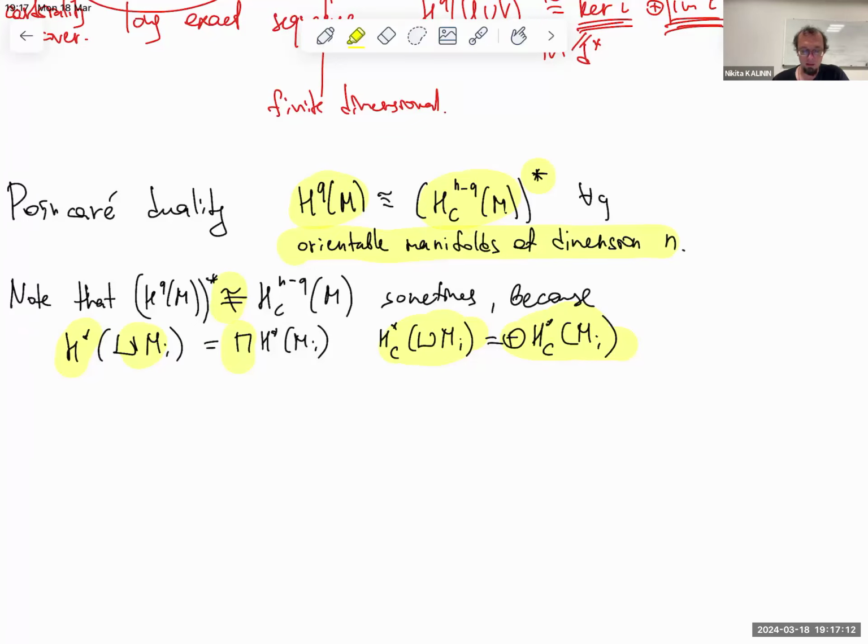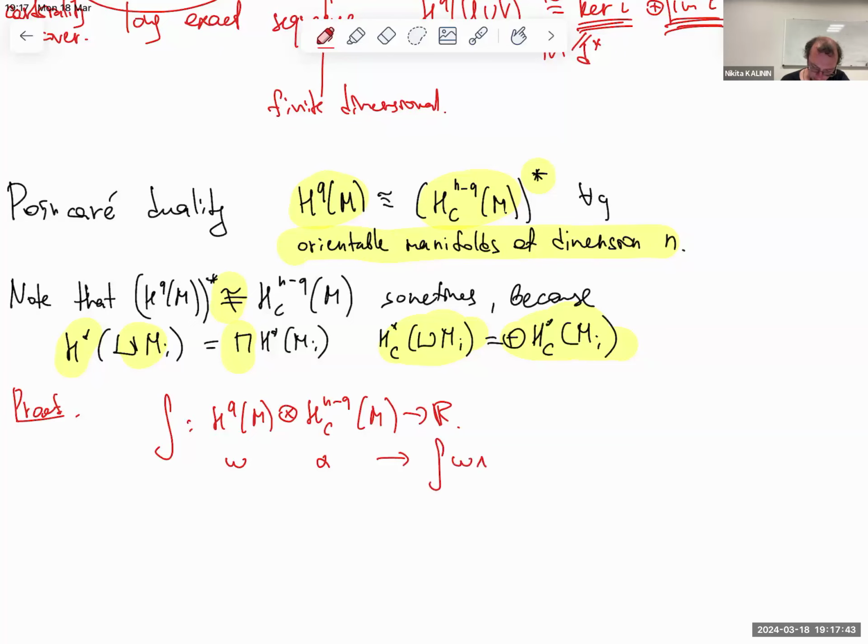Okay, now let's prove it. We'll do it as follows. First of all, we want to define the integral again. It will be a pairing between the q-th cohomology and the (n minus q)-th cohomology with compact support to R. You take any form omega and any form alpha, and send them to the integral of omega wedge alpha.